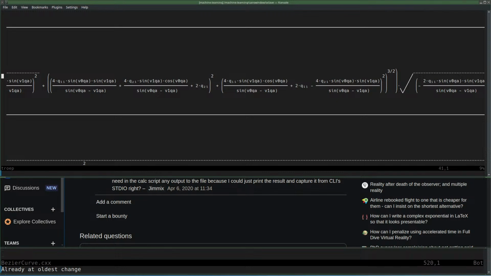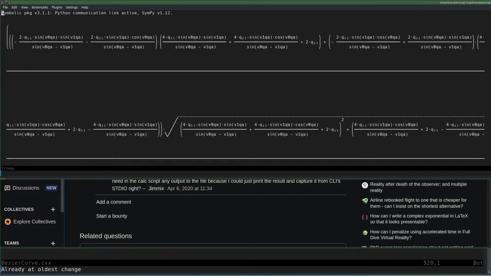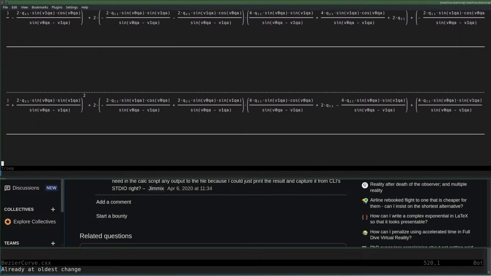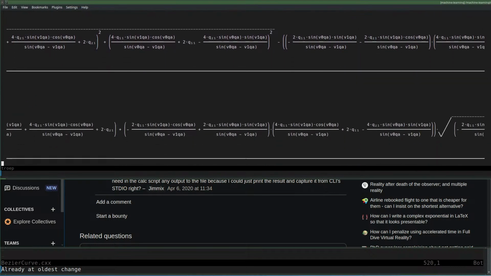Did it still? It still cut it off, even though I write to a file, using the width of the terminal.